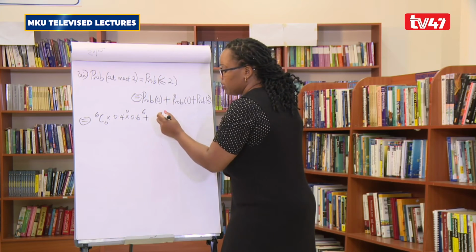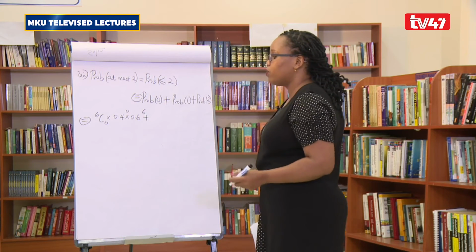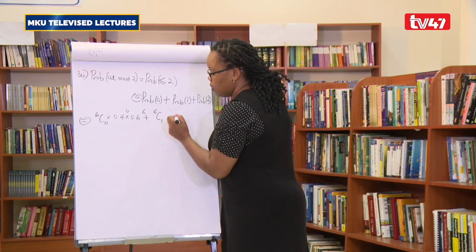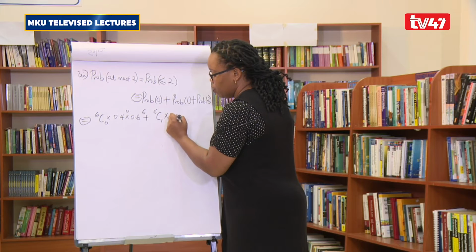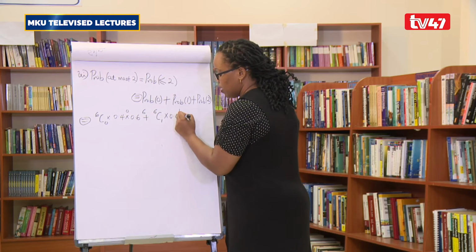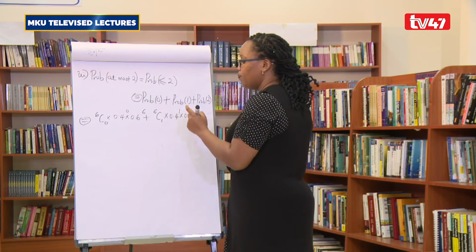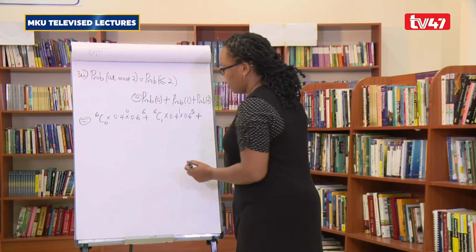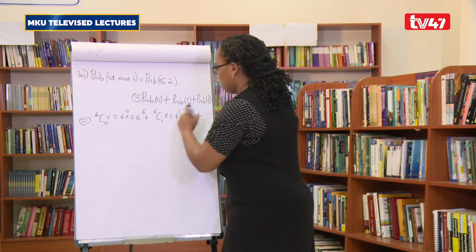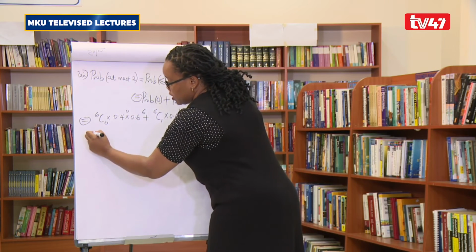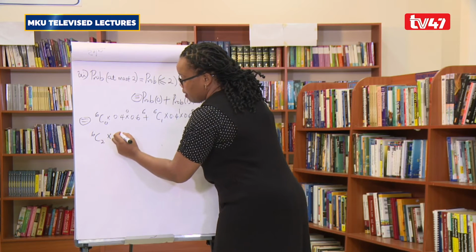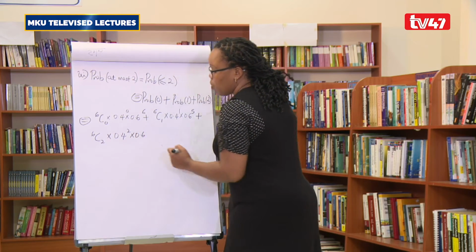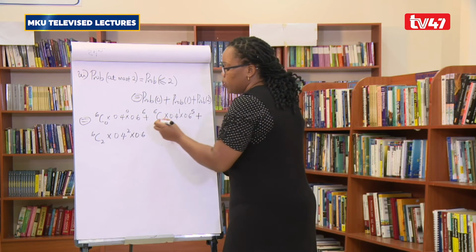We have already looked at it, but then we are assuming that this is our only question. So let's rewrite it. 6 combination 1 multiplied by 0.4 raised to power 1 multiplied by 0.6 raised to power 6 minus 1, which is 5, plus, I'll continue here, probability of 2. So 6 combination 2 multiplied by 0.4 raised to power 2 multiplied by 0.6 raised to power 6 minus 2, which is 4.